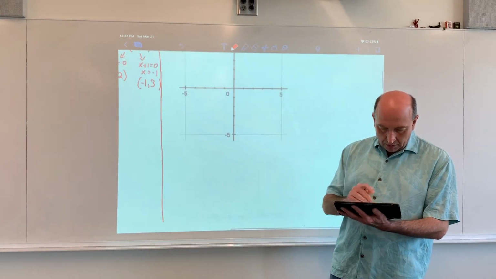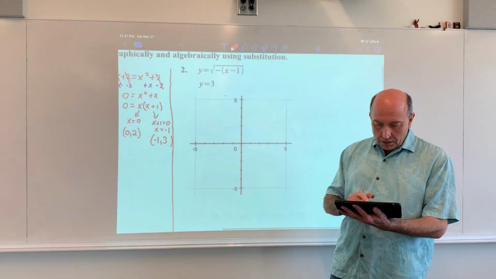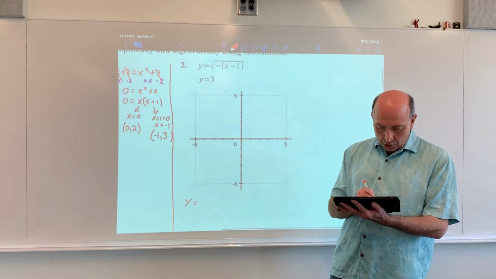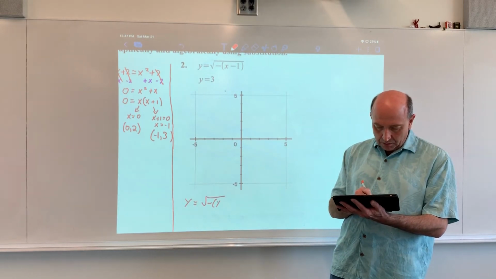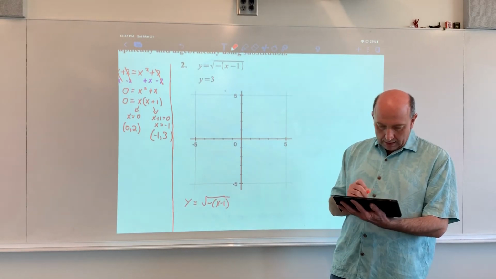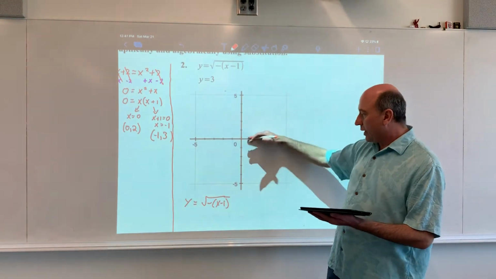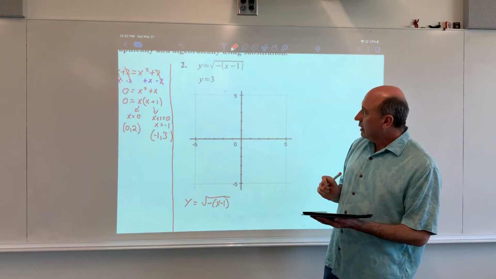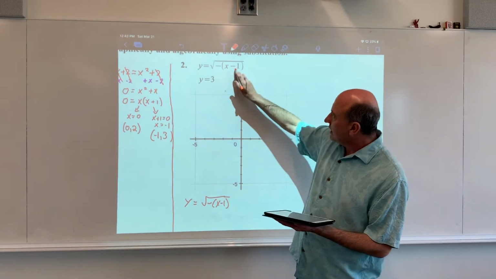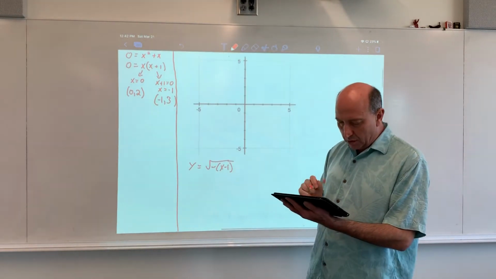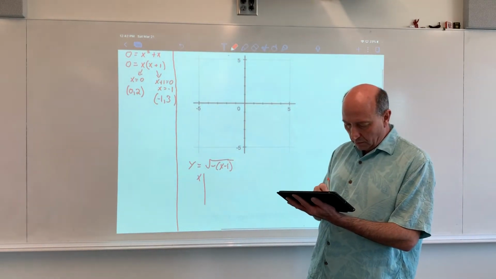Let's make a table. Y equals the square root of -x minus 1. Oofda. So the square root graph, that's the sideways curvy thing. You can't take the square root of a negative, so let me think here.